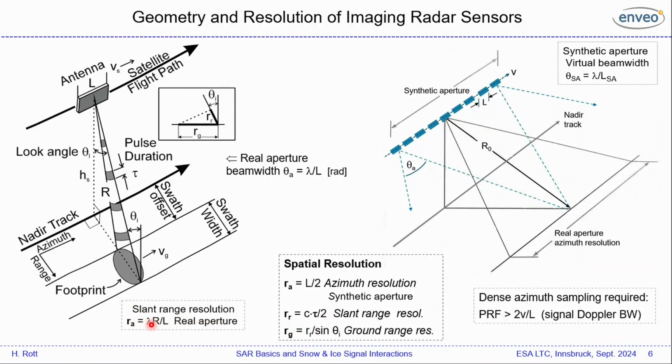It's written here by the wavelength times the distance of the signal over the length of the antenna, and this will be the azimuth width of the signal in azimuth direction. And this means that the resolution gets worse the farther we get away, which is of course not very nice.